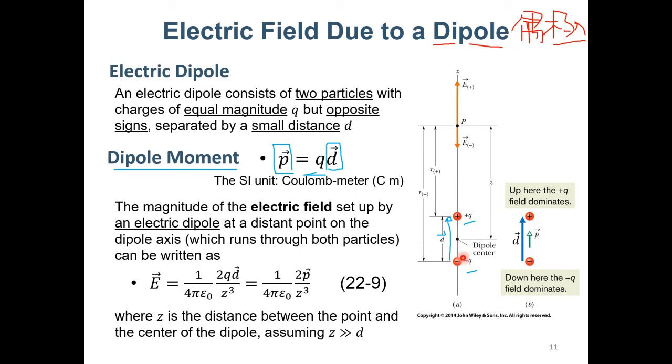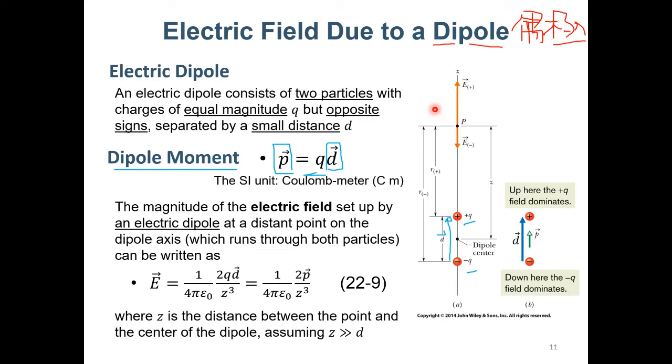For this equation, we can only calculate the E field on this axis, but not in other space. In other space, rather than this axis, the expression will not look so similar to this. Only the point on this z-axis, which means the line connecting the two charges and then extended.